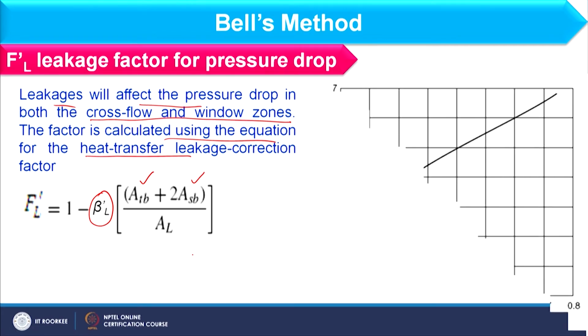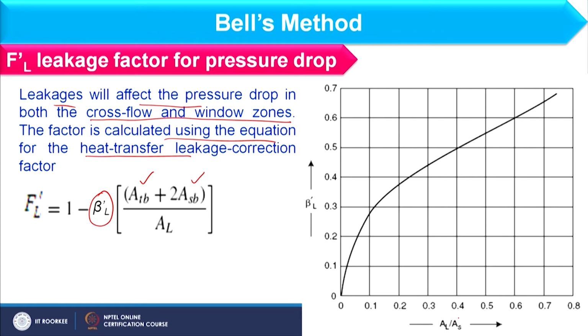Once you have AL and AS, you can find out the beta L dash value from this graph, and then use this equation to find out the leakage correction factor. The main thing is whatever you have fixed in the heat transfer coefficient calculation, the same you have to use in pressure drop calculation also, with slight modification, right.